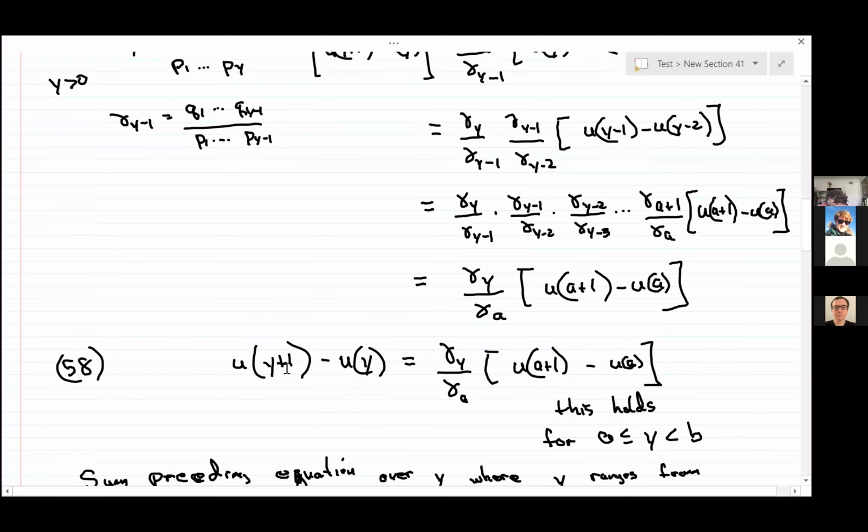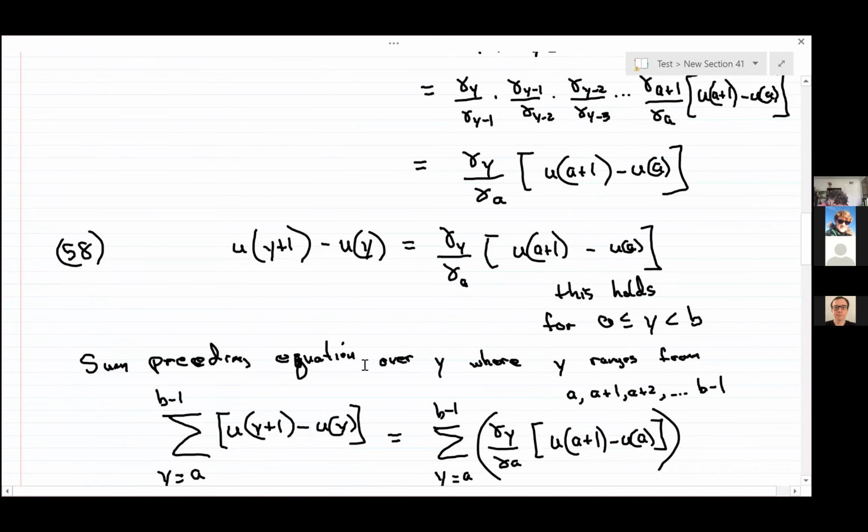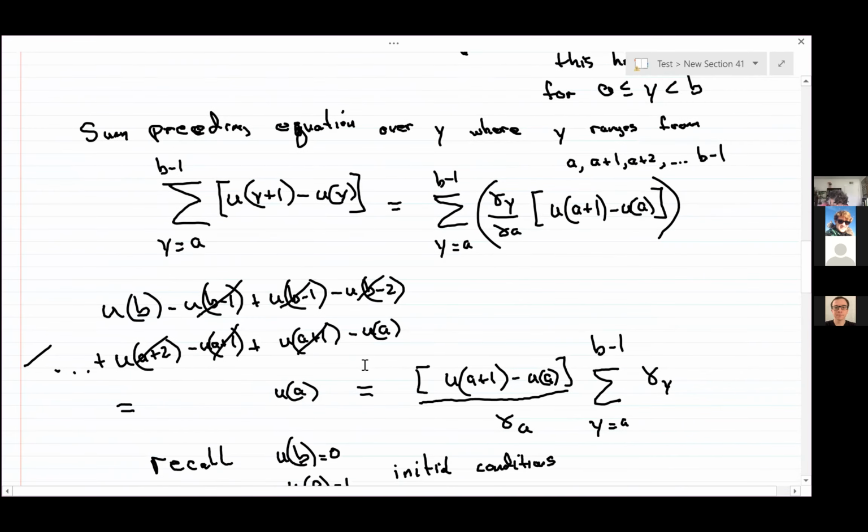Here comes some of the prettiness of it. If you're trying to find out what these things are, if you sum, this becomes a telescoping series. And when the dust settles on the telescoping series, you get an expression for u(A) on the left side.